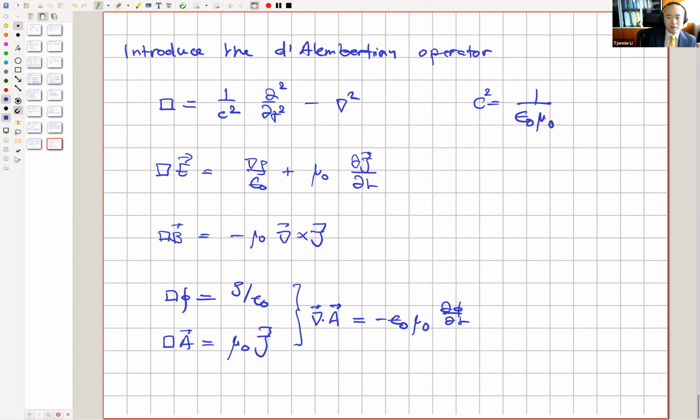And the c squared equals 1 over epsilon naught mu naught is the same for everyone. Next week, if time permits, I'll discuss it in more detail. This basically means that c, which ends up being the speed of light, is universal. It doesn't change with the observer. This is already amongst the first hints of relativity.